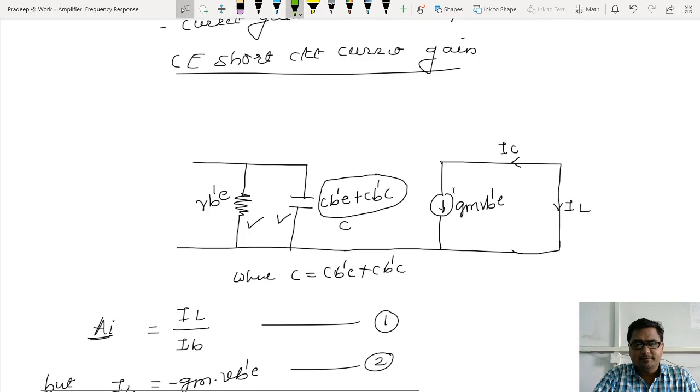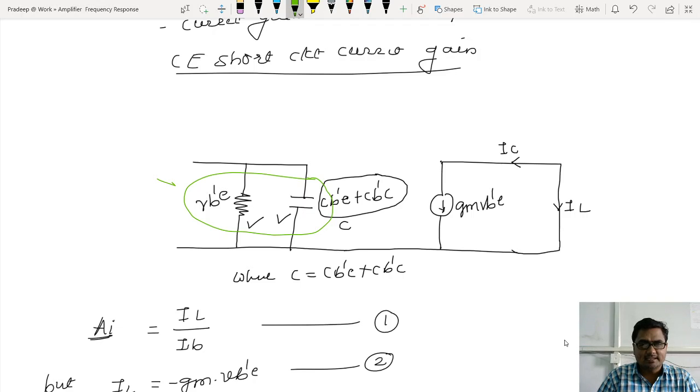Now look at this, let me change the pen. This ZB'E is nothing but the parallel combination of a capacitor and a resistor. Yes, this I'm calling ZB'E. So what I must have? I must have the base current. Look at this, the base current IB, which is flowing through this ZB'E.